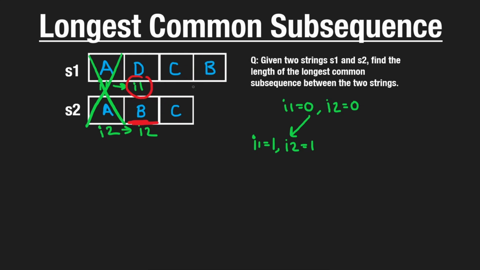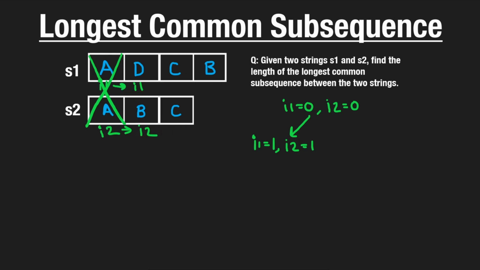Or we could do the opposite thing where we keep our I1 pointer over here, but we take our I2 pointer and increment it and try to find something that matches with the D. But we won't be able to match these two together because remember, the order of the subsequence matters. We have to take one of these pointers and increment them at the very least. Maybe we'll have to increment both of them. We don't know for sure, but we know at least we have to increment one of them to find a matching character.